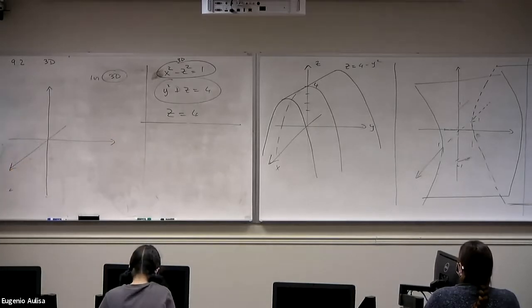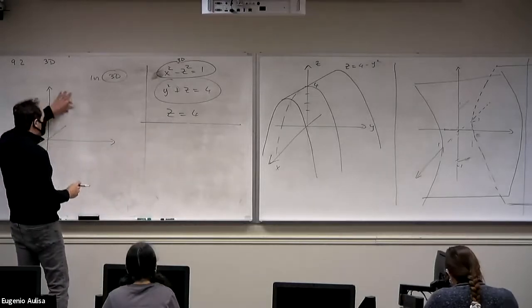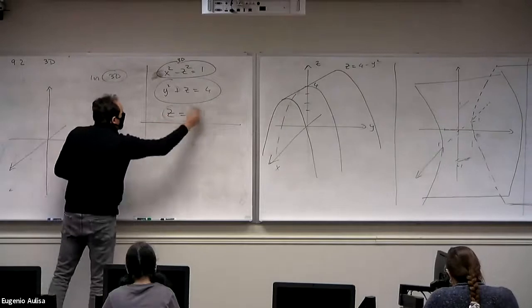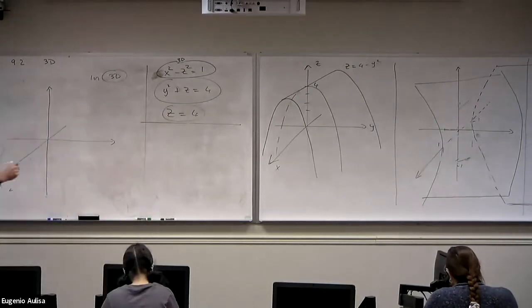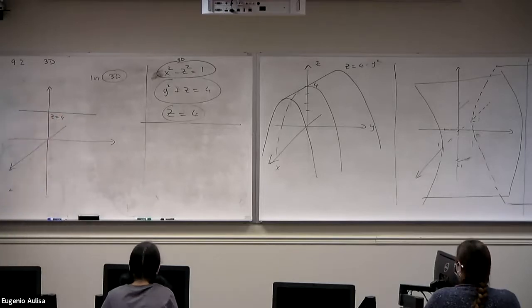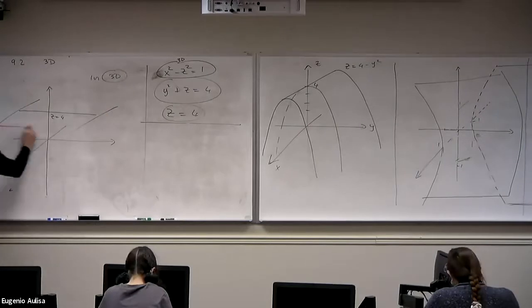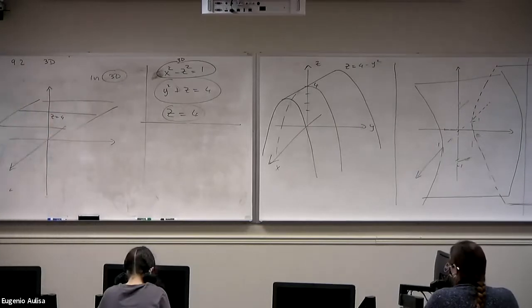I'm going to start first on the yz plane, where z equals 4 is the horizontal line which intersects the z-axis at 4. And then I'm shifting this line parallel to x, and you get your cylindrical surface, your horizontal plane.